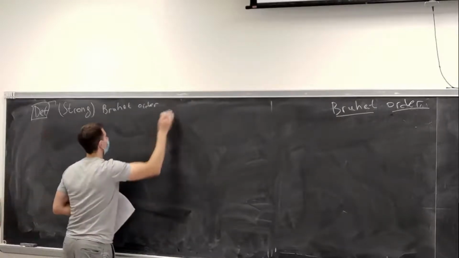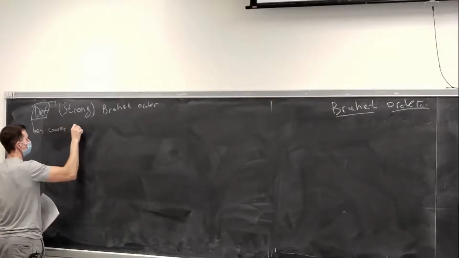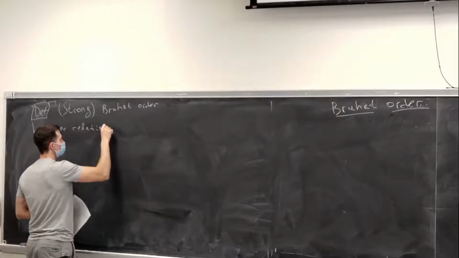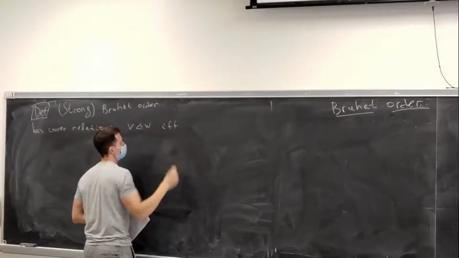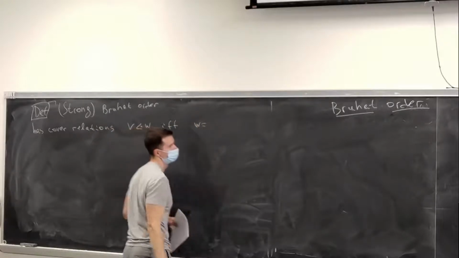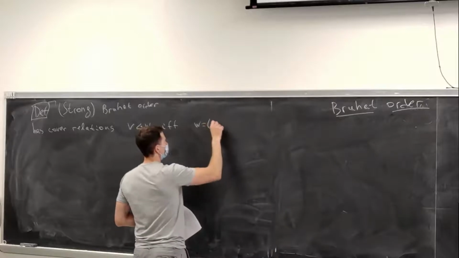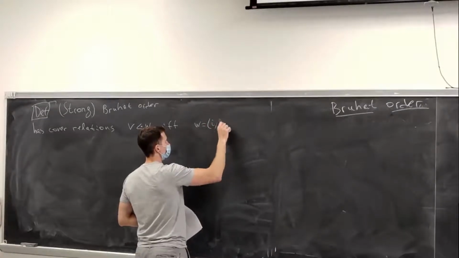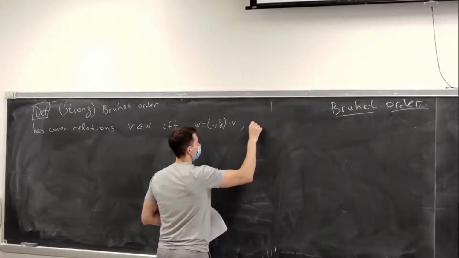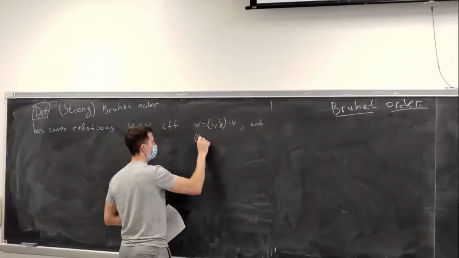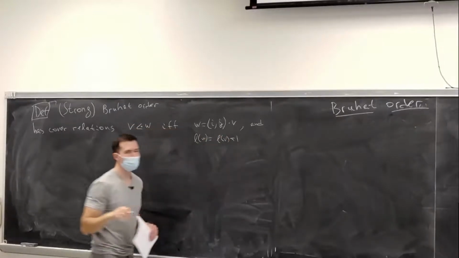well, it has cover relations: v is covered by w if and only if w is equal to an arbitrary transposition t_ij times v, and the length of w should again differ by 1 from the length of v.